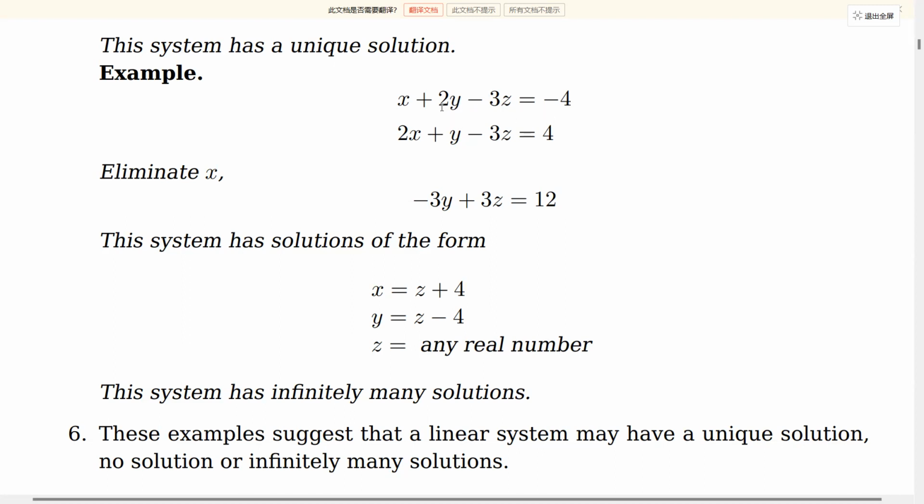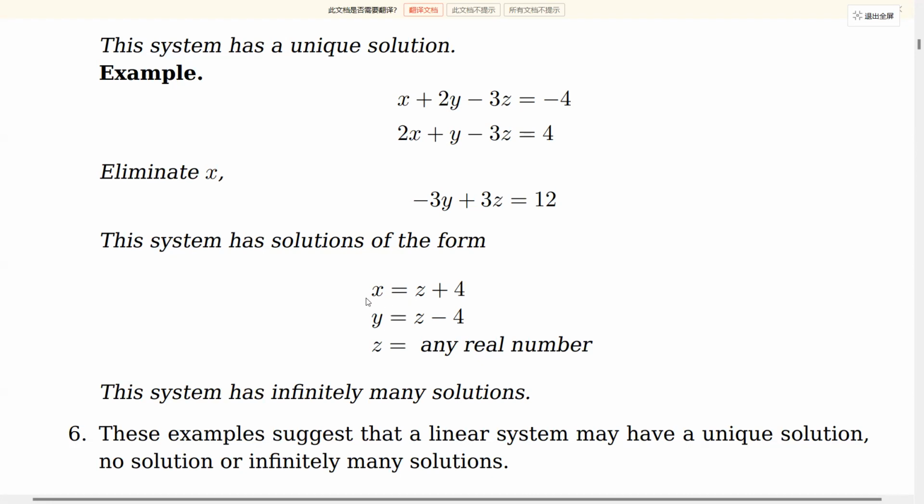So 2 times y minus z minus 4, we get 2z minus 8. So 2z and -3z becomes negative z. And -8, move to the right, becomes positive. So negative 4 plus 8 is positive 4. So you get x minus z equals positive 4. So if you move z to the right, you get x equal to z plus 4, isn't it?